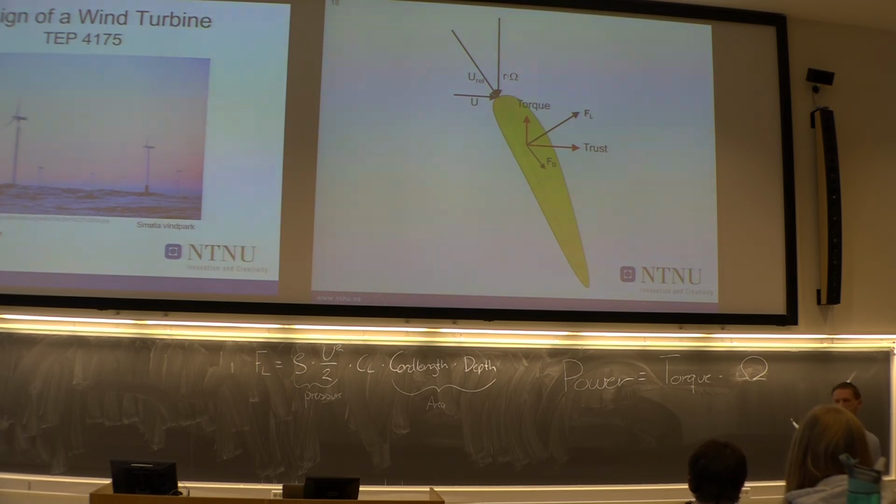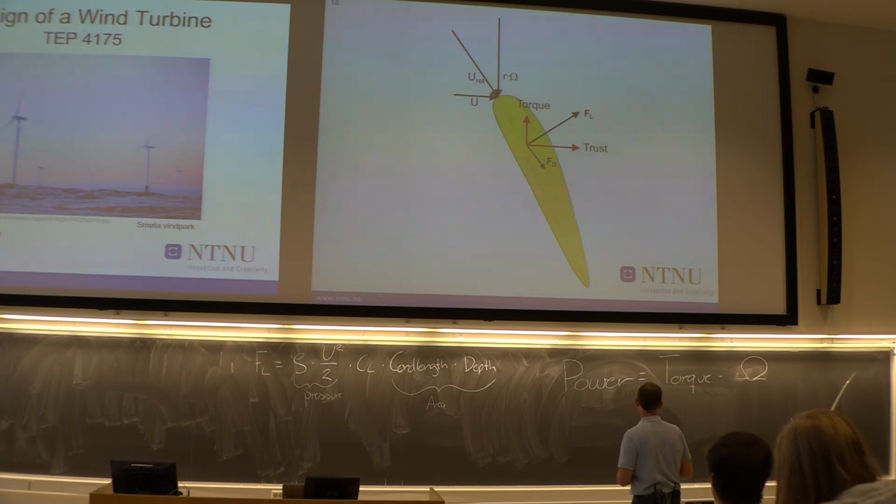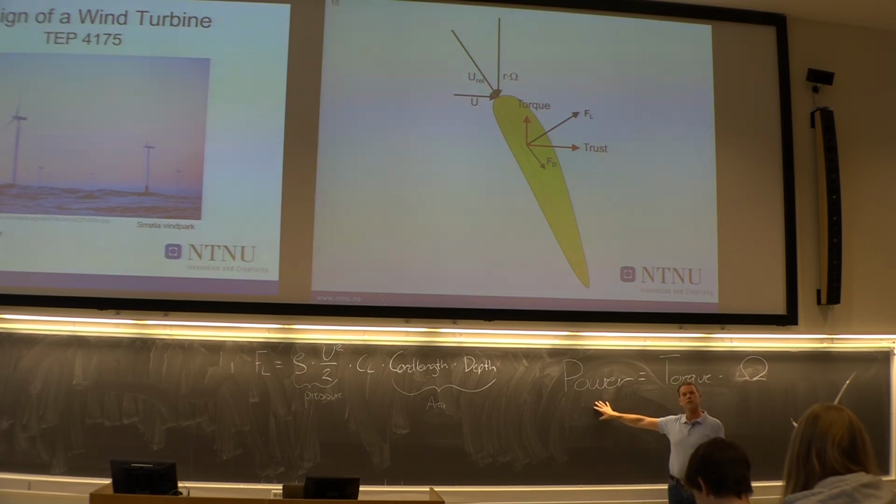I guess you all are familiar with rotations per minute, but in this case we are sticking to SI units. We have to use angular velocity, so radians per second. So the torque we have from each of the blade elements we are going to design, multiplied by the angular velocity of the turbine, gives us the power output. And that's where we are heading.